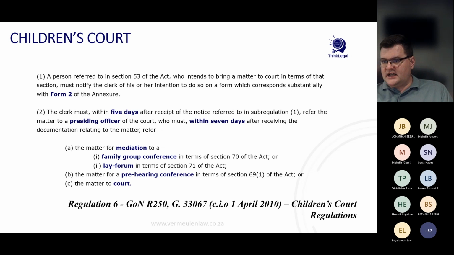In my experience, in most cases, the matters get referred to court. I'd love to hear from some of our colleagues what their experience has been. Now, we know almost invariably you do not get to court within 12 days after doing a Form 2 in general. There is good news, however.